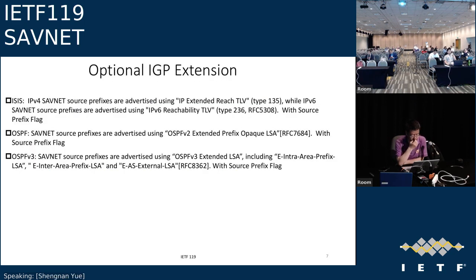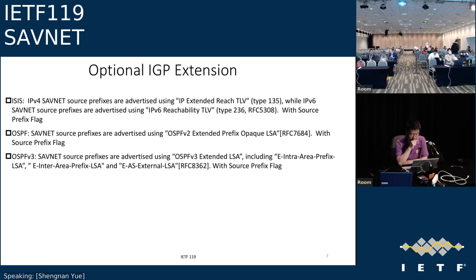We also provide optional IGP extension with a source prefix flag to control the validation range of the concerned source prefixes. For IS-IS, IPv6 SAVNET source prefixes are advertised using the IPv6 extended reachability TLV, while IPv4 SAVNET source prefixes are advertised using the IPv4 reachability TLV.